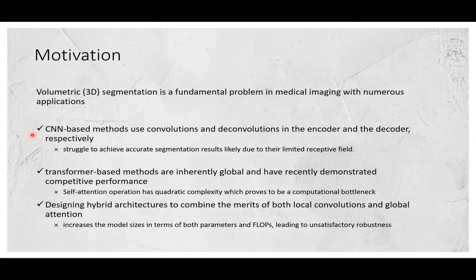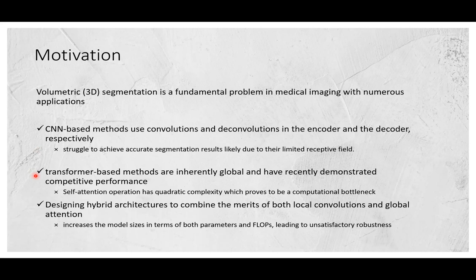These CNN-based methods use convolutional and deconvolutional layers in their encoder and decoder. But the problem here is that because of their limited receptive field, they struggle to achieve accurate segmentation results.